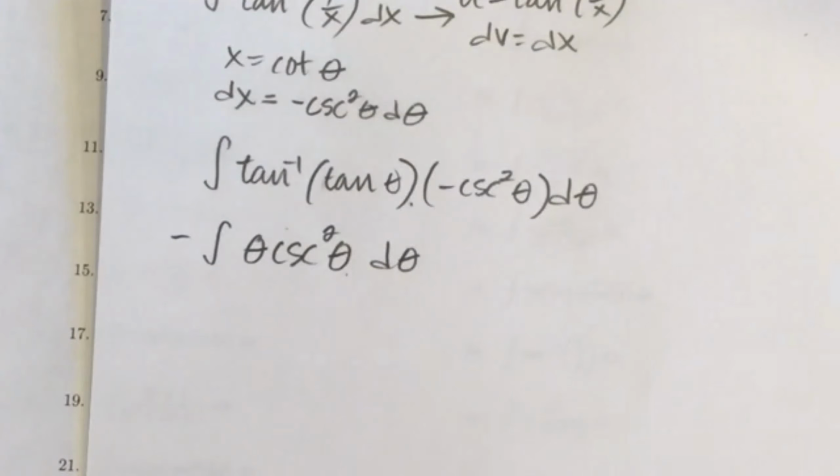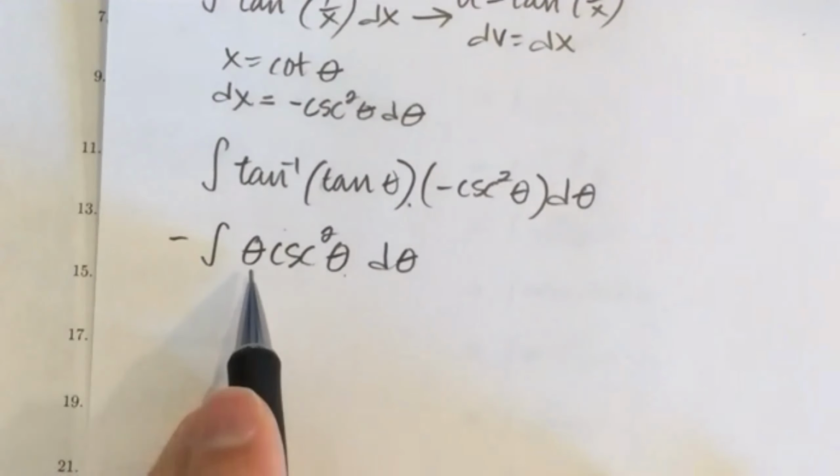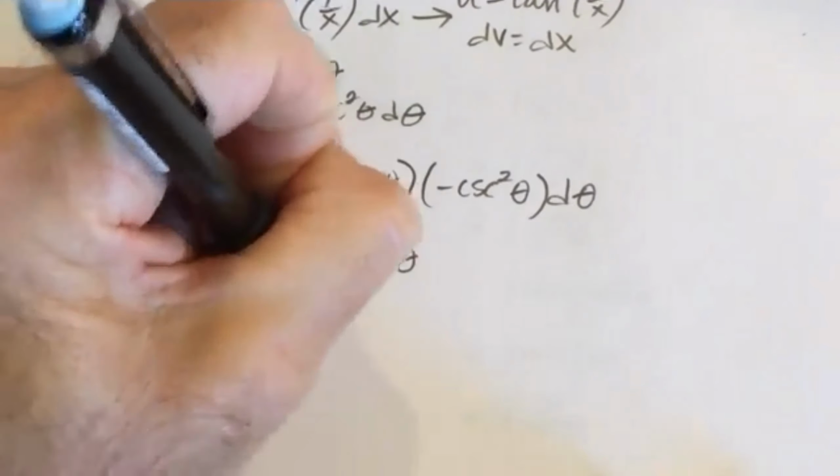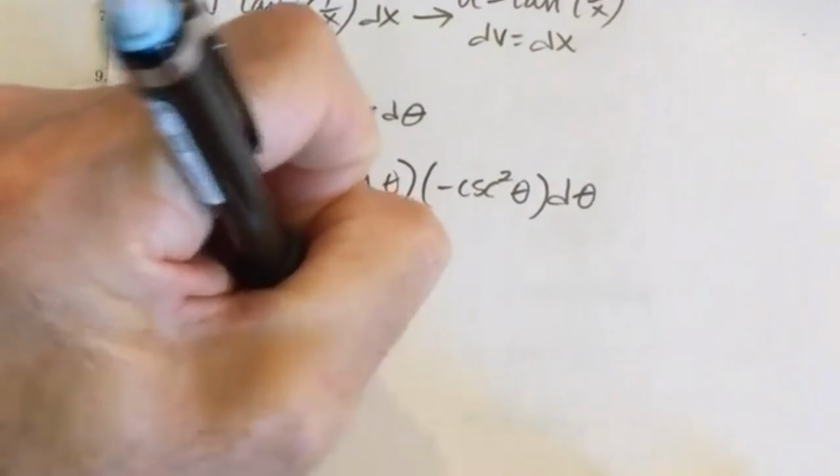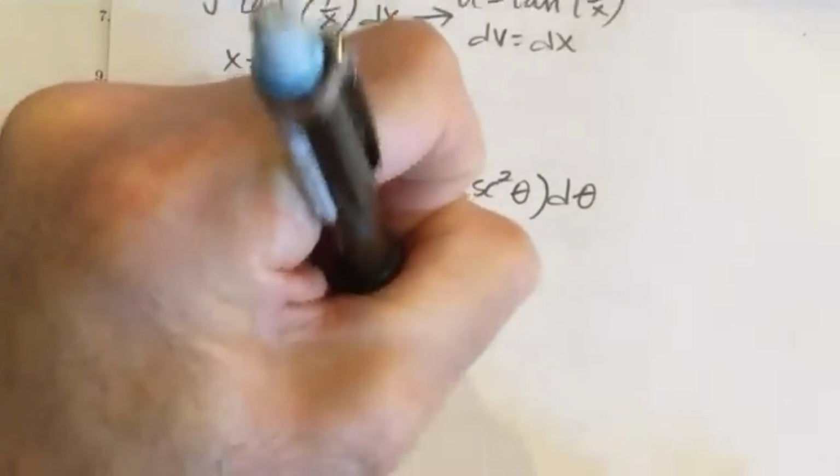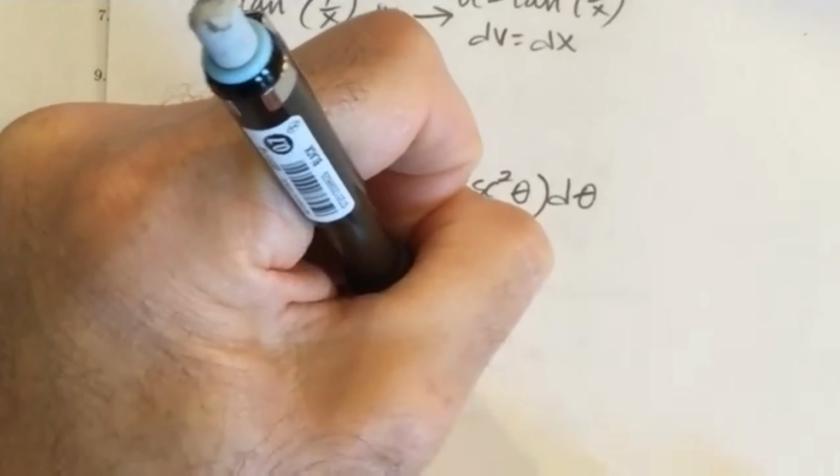Should we keep going or call it good? I don't want to keep going. I don't like cosecants, right? But we could. And so now you'd have to choose. Do you want u to be theta and dv to be cosecant squared theta, or do you want it the other way around? And the answer is what?